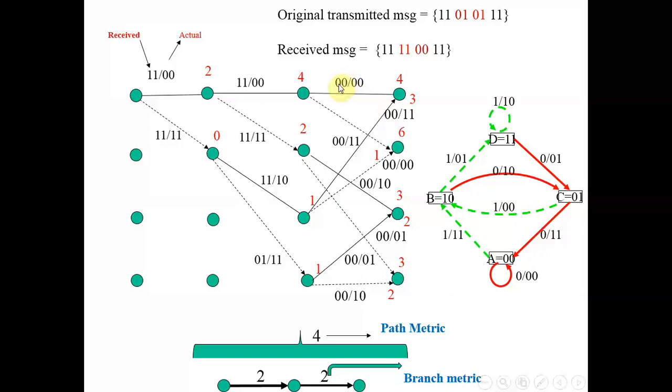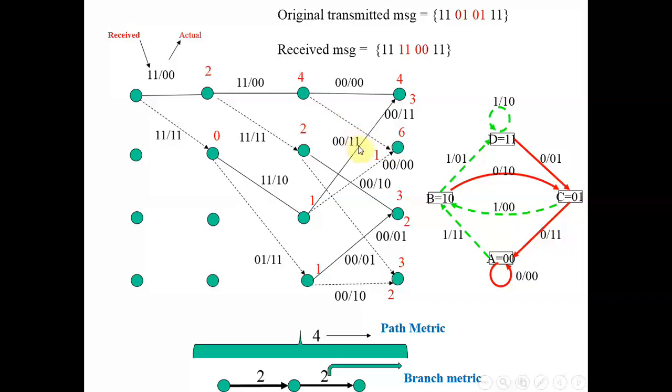Now when I receive 0 0, I might go from A to A. If I go from A to A, my expected output is 0 0. What I am receiving is 0 0. So there is no addition in the error count. So my total error here is 0. So this 4 will be as it is. But now I am evaluating this node. Suppose I take this decision.